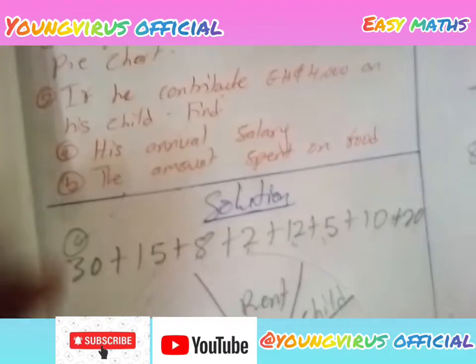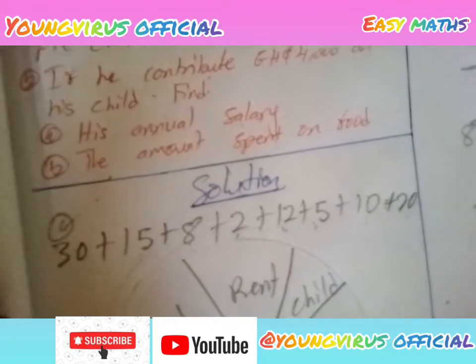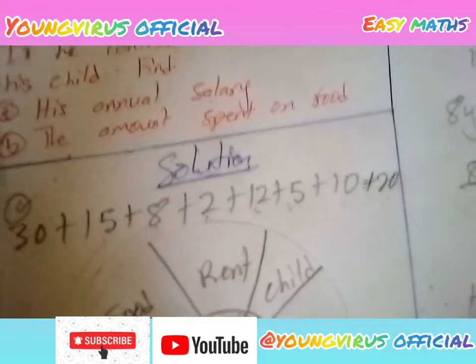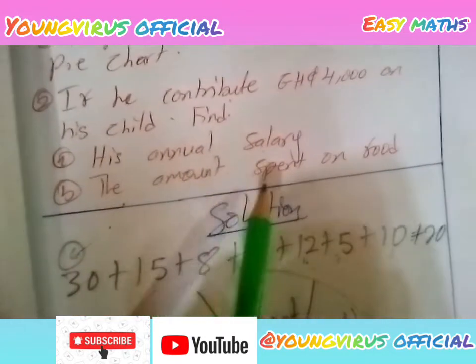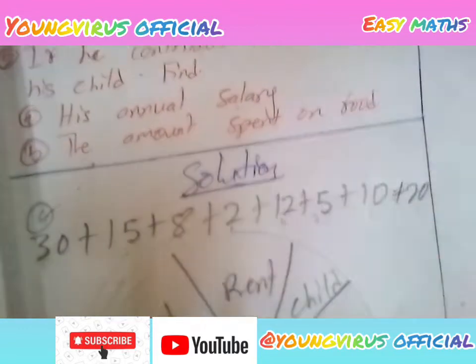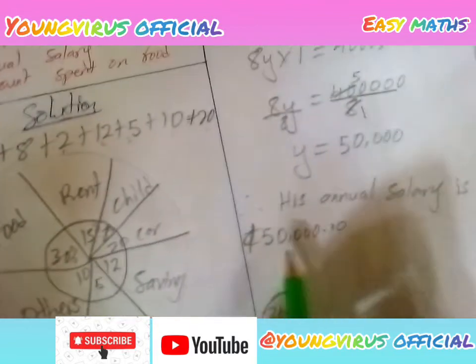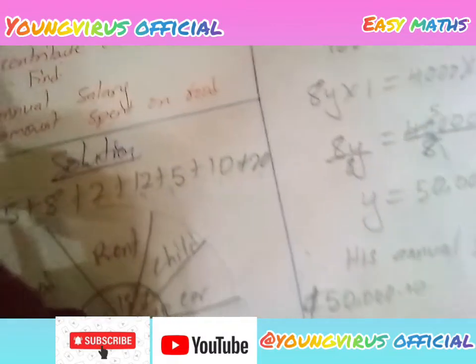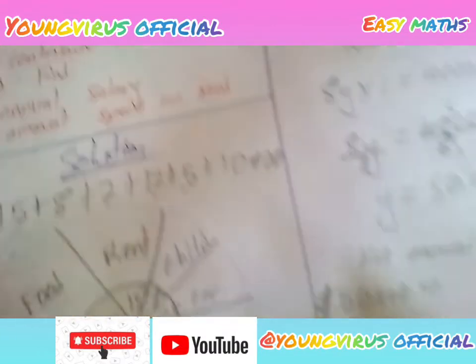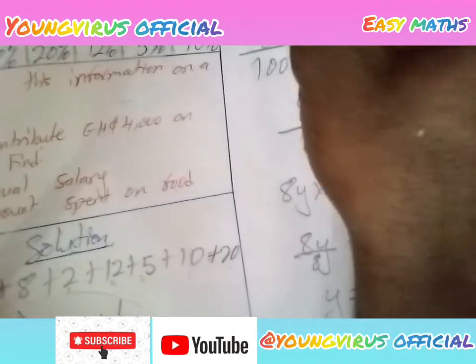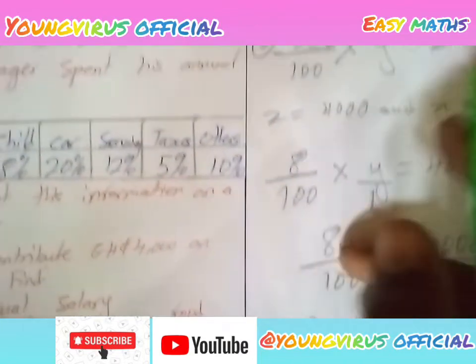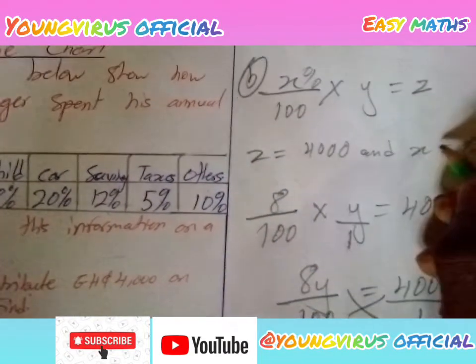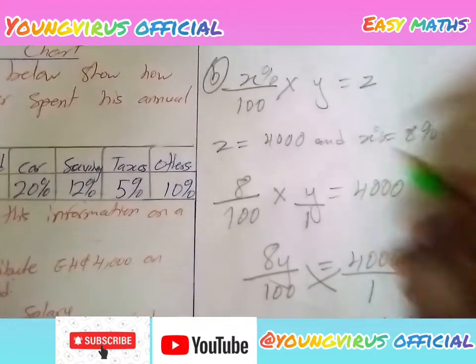So let's move on to question 2B, which states the amount spent on food. Since we now know his actual salary, now let's calculate in percentage for the amount of food. So as usual, I use the formula over there. We say it's x% over 100 times y is equal to z, which our x% here was 8%.